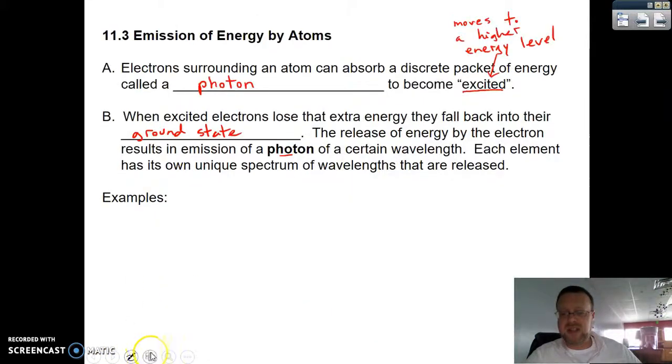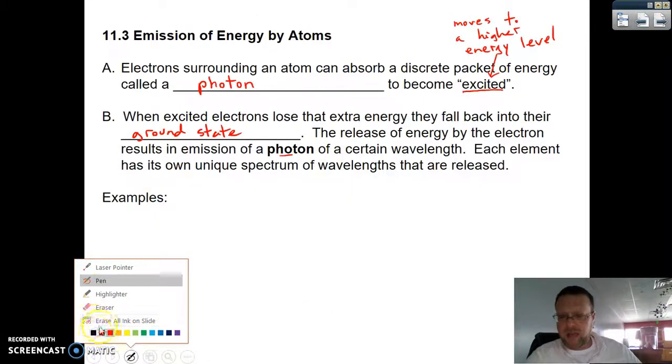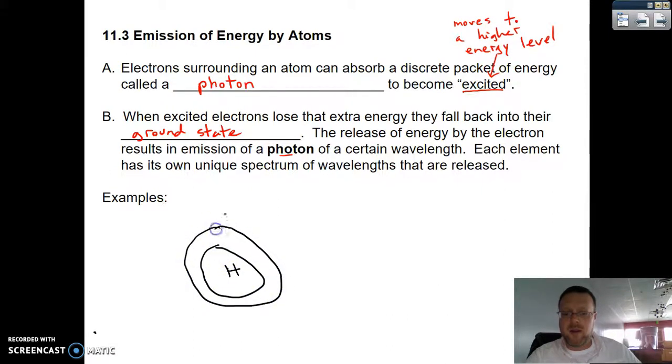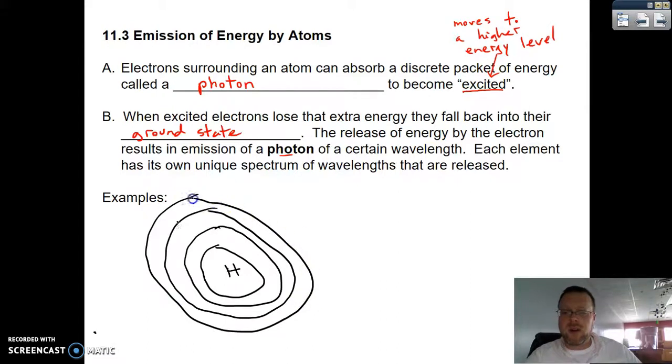Imagine for a second, and you'll have to deal with my terrible circle drawing, that you've got this hydrogen atom and these energy levels outside the middle of the atom. The electron, depending on how much energy it is given, could fall from higher levels back down to lower levels.